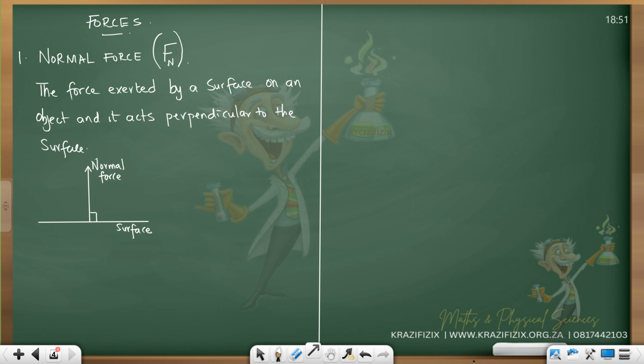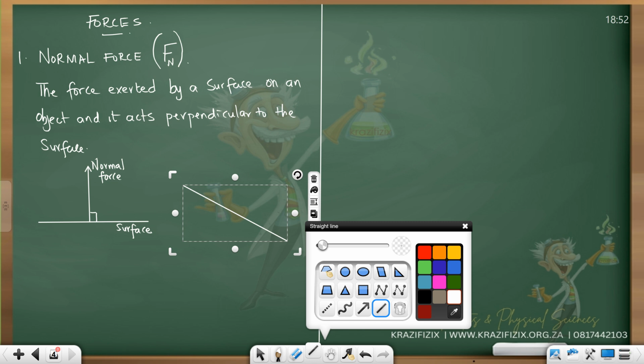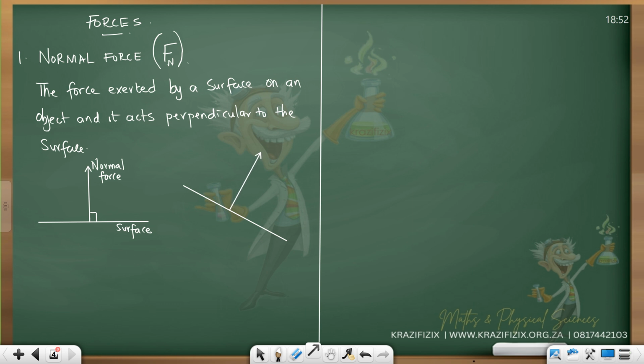Force. Now, what if my surface is like this? How will my normal force be acting? It is still going to act like that. Because this must always be 90 degrees. So that is my normal force. And this will be my what? Surface. So it will always act in that direction.